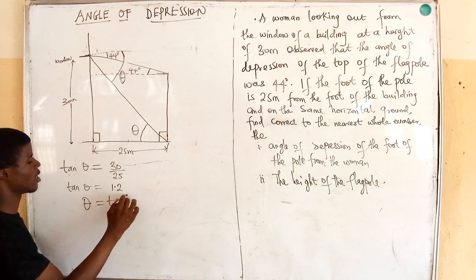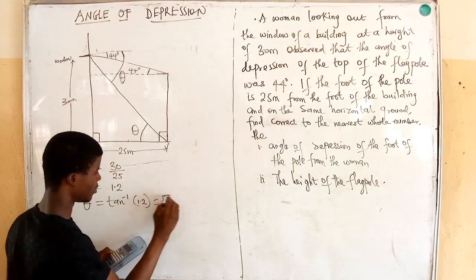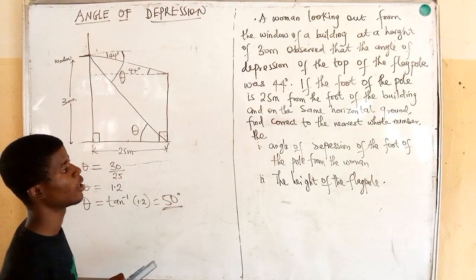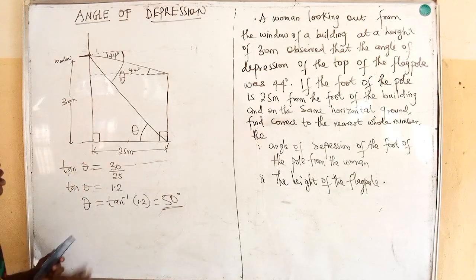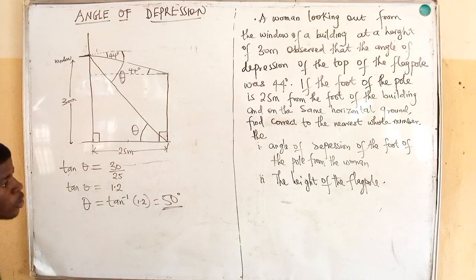Tan inverse of 1.2. And that will give me 50 degrees to the nearest whole number, like it's been stated in the question. So this is the angle of depression of the foot of the pole from the woman. That's the first question. The second question says find the height of the flagpole.